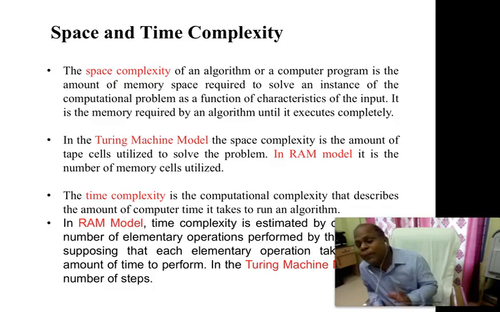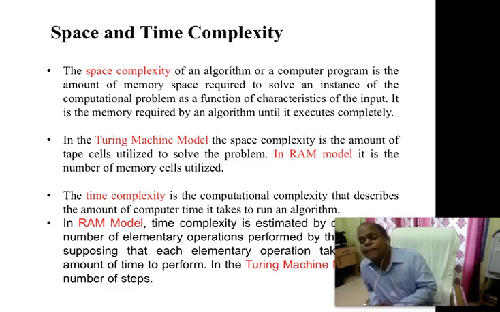Hence, in RAM model, it is the number of primitive operations required for measuring time complexity. In the Turing machine model, it is the number of jumps from one state to another state that your algorithm makes.